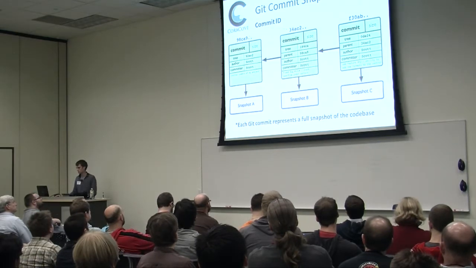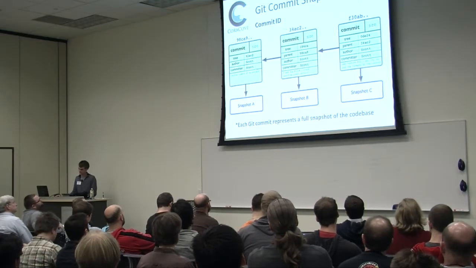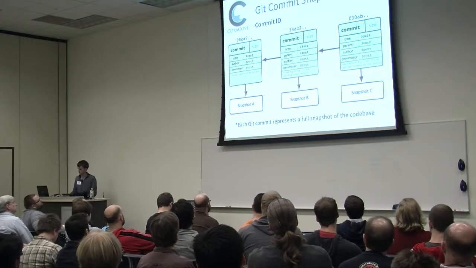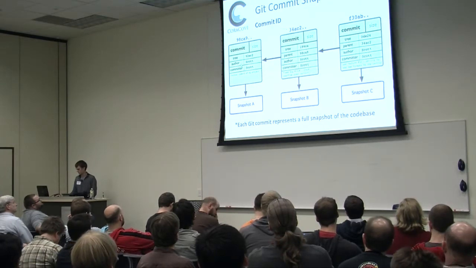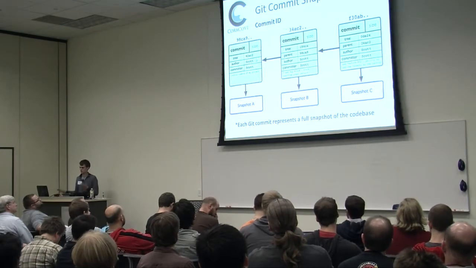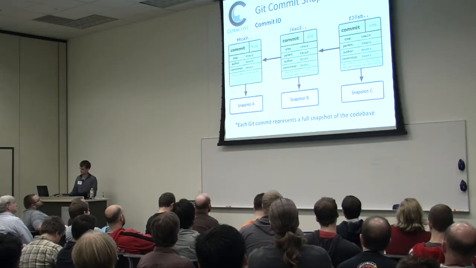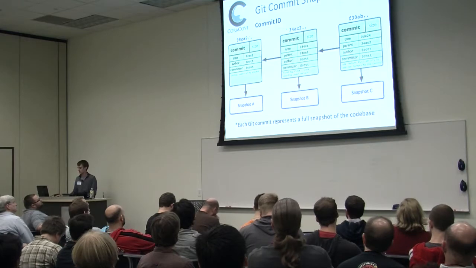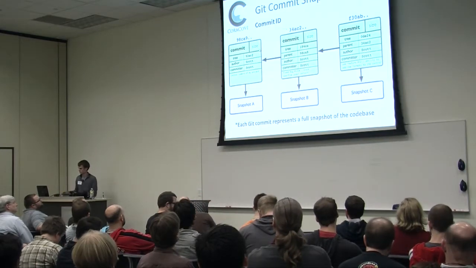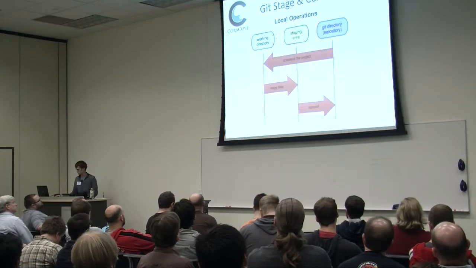Say you made a file change from snapshot A to snapshot B. Snapshot B has this commit ID, 34AC2, and they all point back to a parent commit, so they just keep going back up the chain. This is a really effective way to share code between different people, because we can both start on this first branch, branch off and make changes, and they all refer back to where we split off. Then it merges in a pretty smart way.